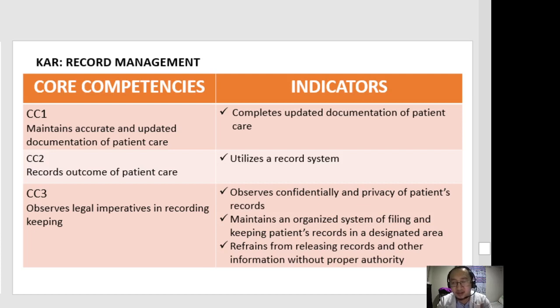Names are held confidential. They use codes, but they release travel histories. They do not even release addresses, only the province or city that they live in. That's confidentiality, and this is also expected from us as future nurses. Uphold confidentiality and privacy of patients. That's also one way of respecting their dignity.